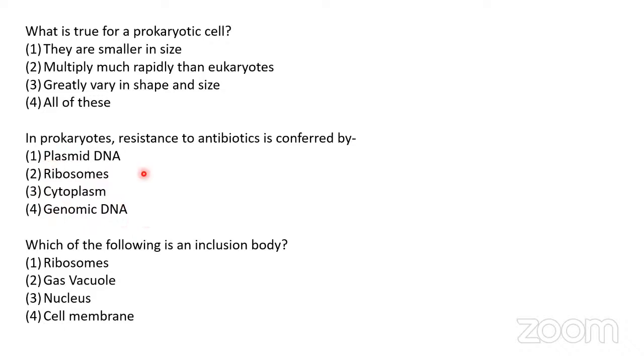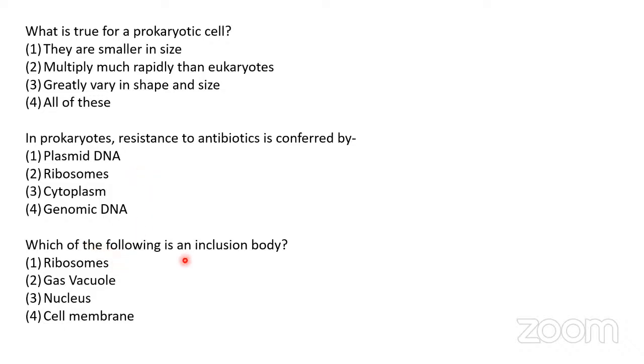As I mentioned, plasmid DNA is the one that contains the antibiotic resistance gene and therefore makes the respective prokaryote resistant to the antibiotic. So resistance to antibiotics is conferred by plasmid DNA in the prokaryotes.